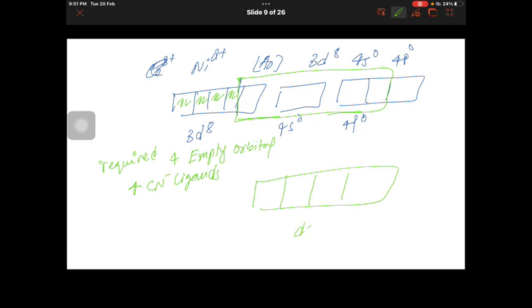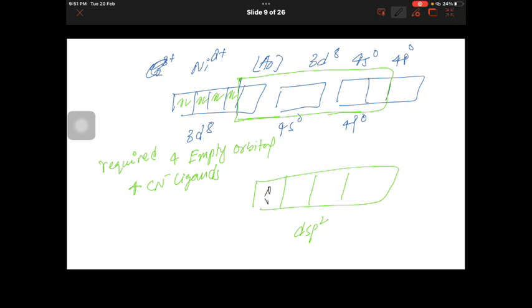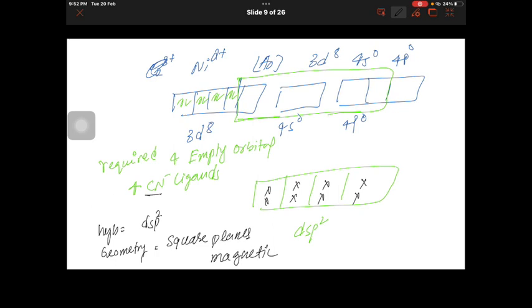It is dsp2 hybrid orbital. Each dsp2 hybrid orbital takes electrons from the CN minus ligand, forming a coordinate covalent bond. Now hybridization dsp2, then geometry: when it is dsp2, square planar. Magnetic property: here all are paired electrons, that's why diamagnetic property.